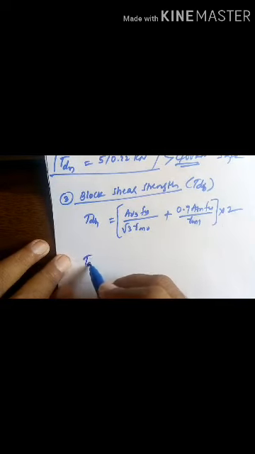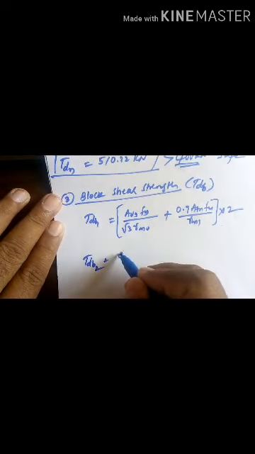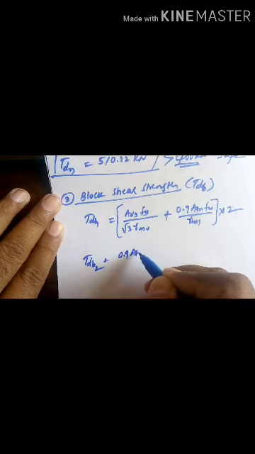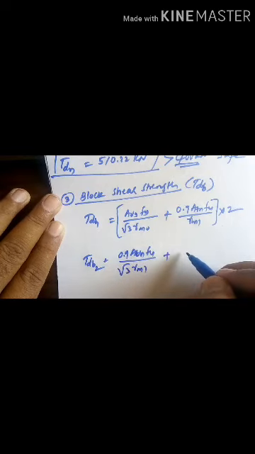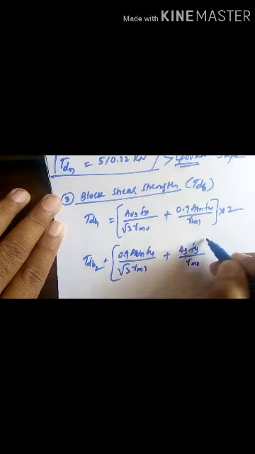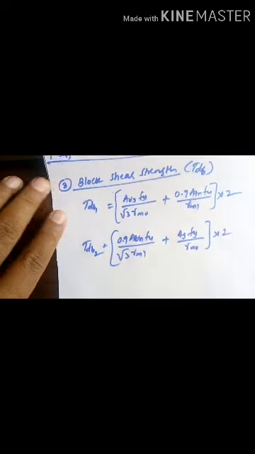Then Tdb2 will be 0.9 Avn Fu divided by root 3 gamma m1, one term, plus Atg Fy divided by gamma m0, then again multiply it by 2.